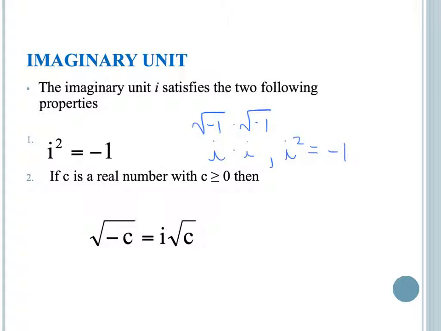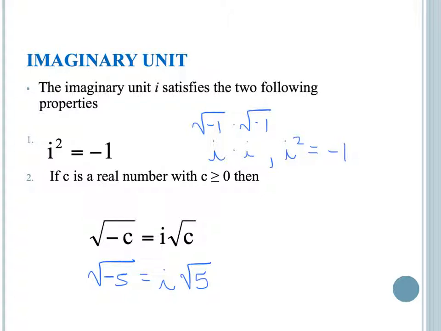We can then use, if we have the square root of a negative, let's say we have the square root of -5, we could take out the negative in it as the imaginary number and leave behind the square root of 5, because we can't take the square root of 5 any further.